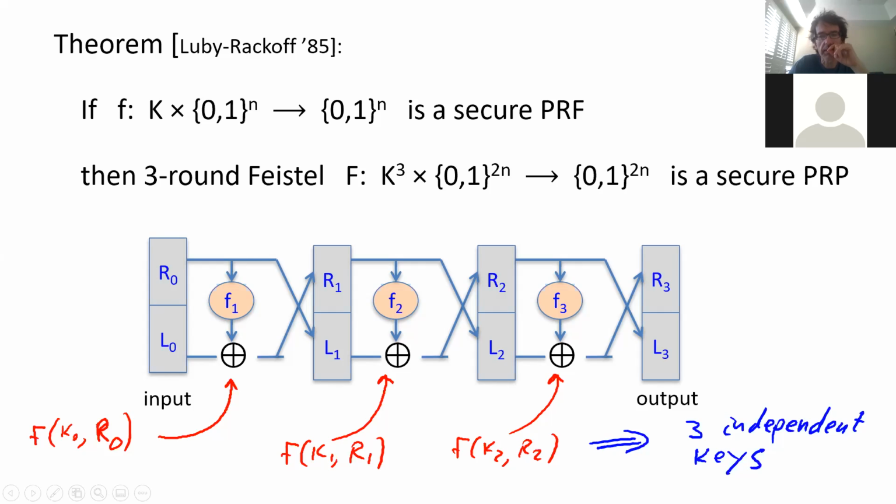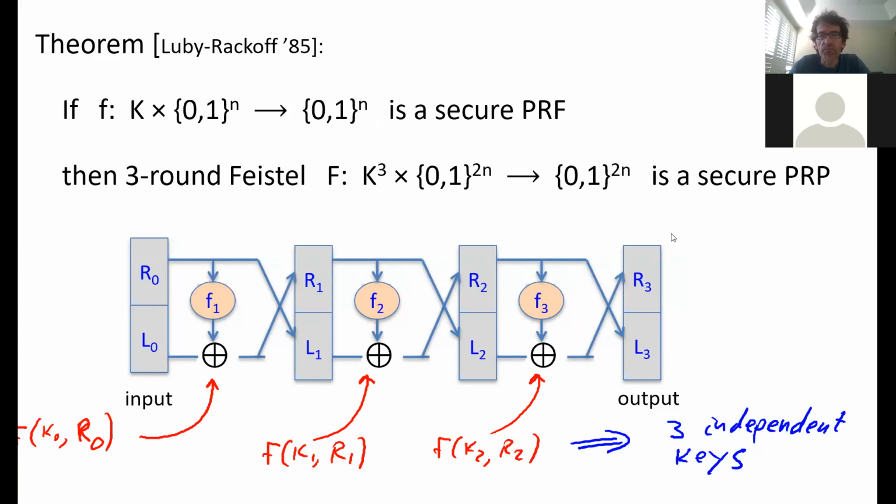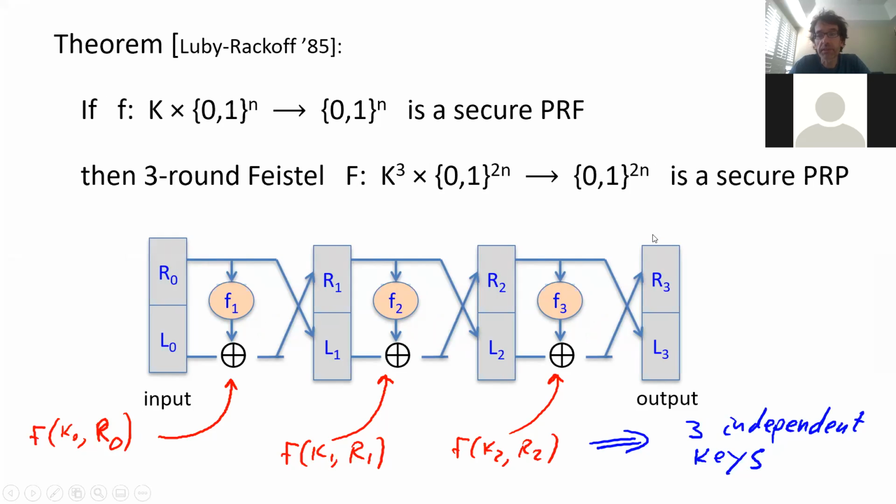Another thing that I'm not mentioning here is that in a block cipher analysis, for example, for CBC analysis of security of the CBC mode, you need something stronger than a pseudorandom permutation. In a pseudorandom permutation, the adversary can only specify inputs and get outputs.